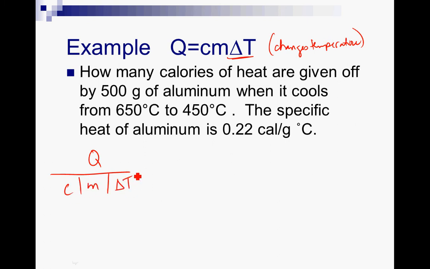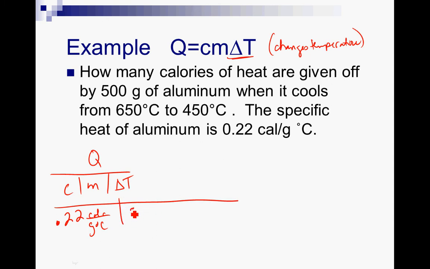How many calories of heat are given off by 500 grams of aluminum when it cools from 650 to 450 degrees Celsius if the specific heat of aluminum is 0.22 calories per gram degree Celsius? So here's our specific heat, 0.22 calories per gram degree Celsius.